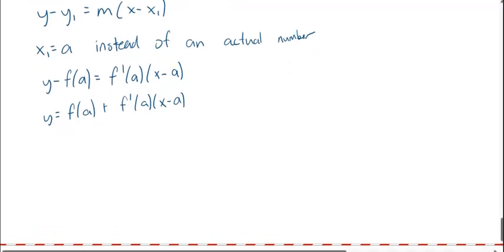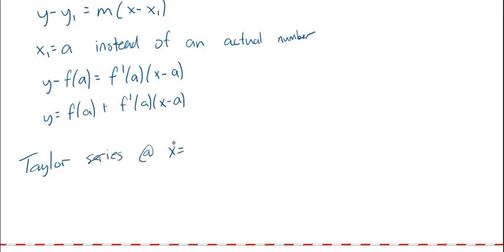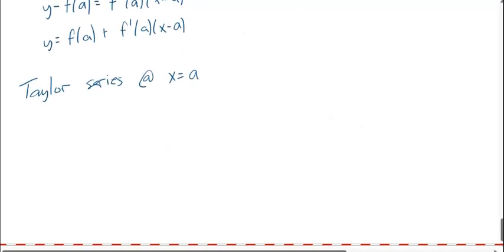So now I'm going to write what a Taylor series is. A Taylor series at x equals a, and I'll explain sort of the same thing that we have up there, is T equal to f of a.